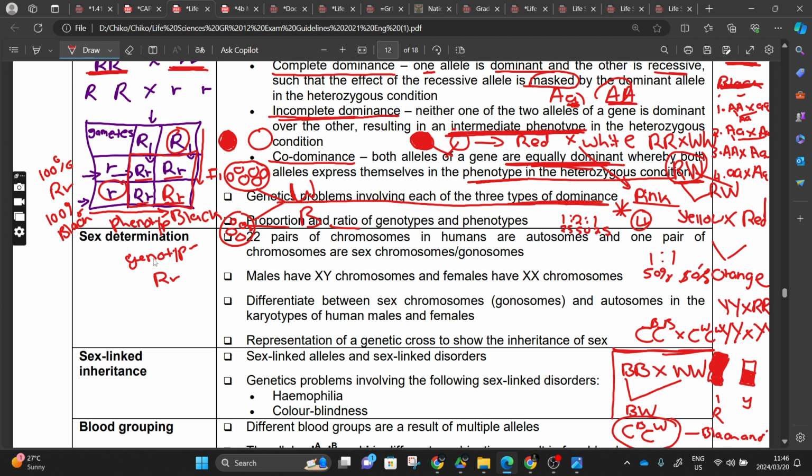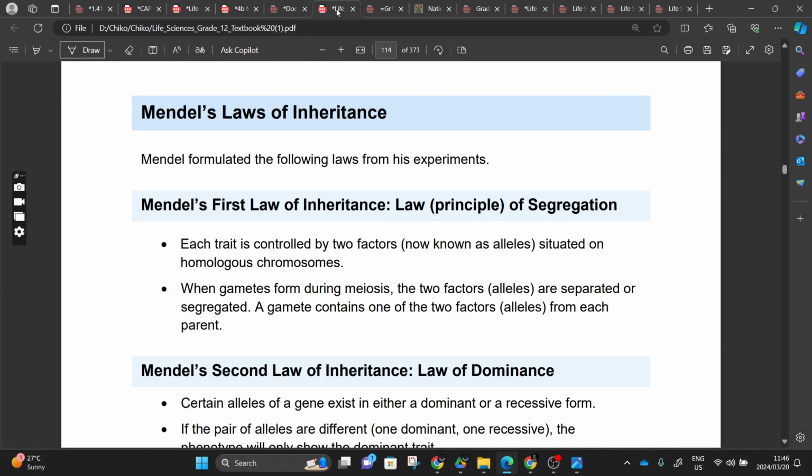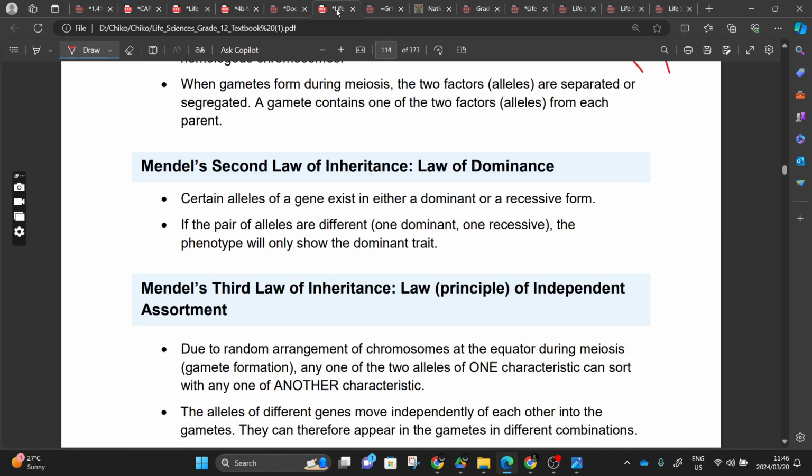Let's look at the question paper, the questions and what we can pass by our class, our textbook. Law of segregation, separation: here two factors separate. Dominance: one allele or one factor is dominant over the other.